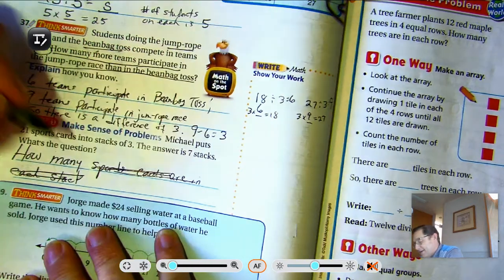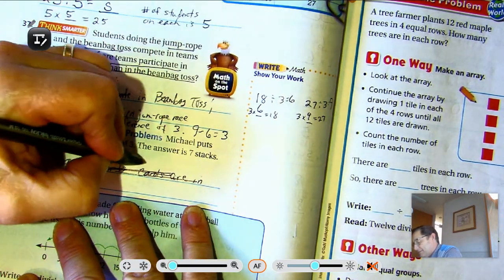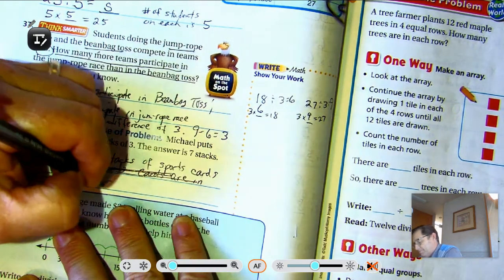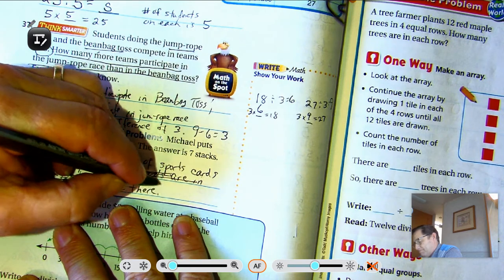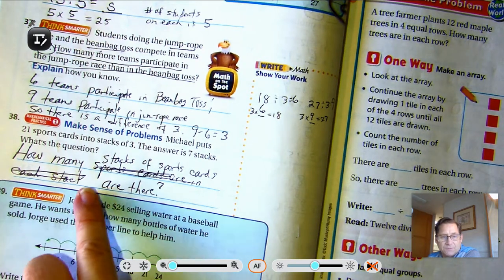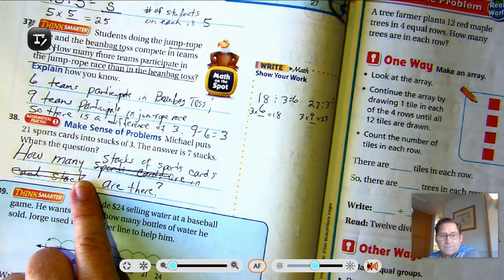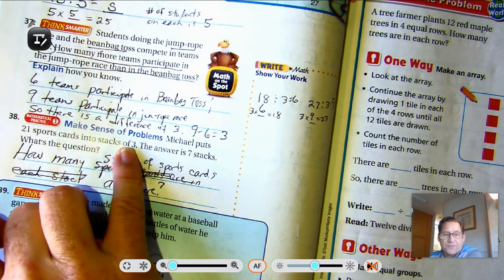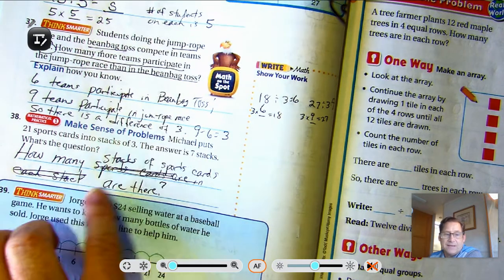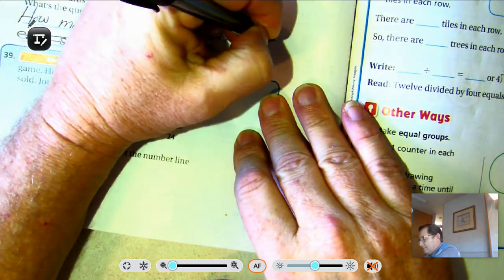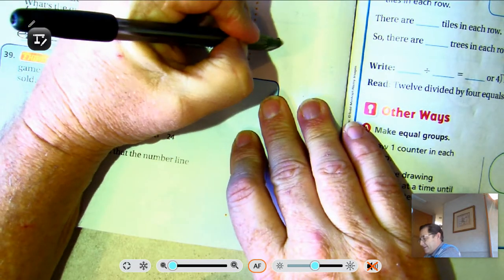I read that incorrectly. How many stacks of sports cards are there? Okay, because the way I was writing it originally was I was putting how many cards would be in each stack. Well, they already told me how many cards are in each stack, 3. If the answer is 7, then they want to know how many stacks of sports cards there are. So it would be 21 divided by 3 equals 7.